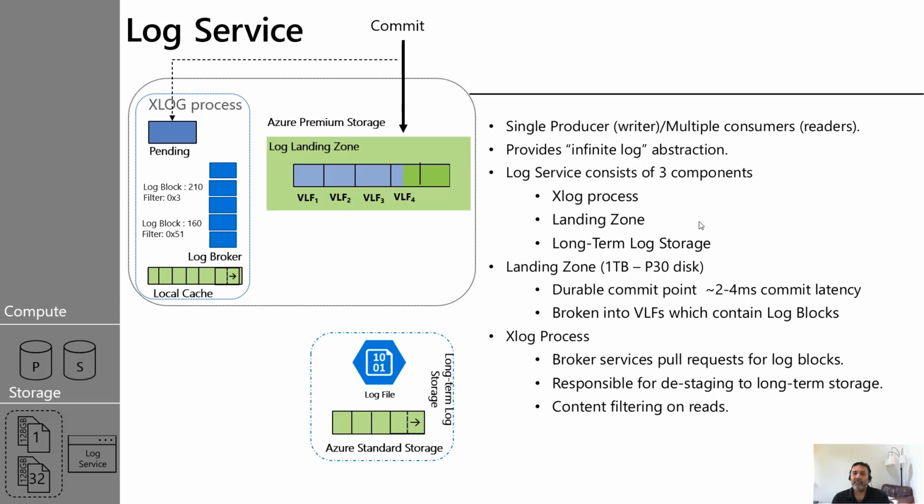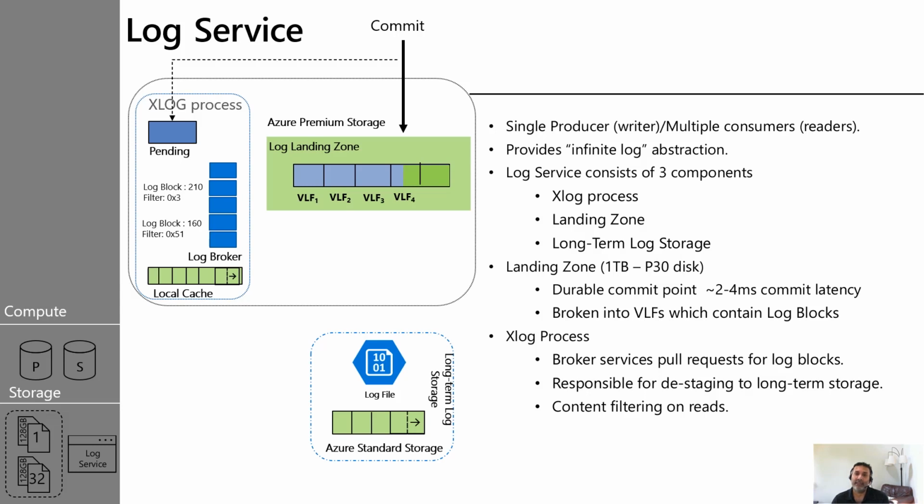Then the xlog process has a log broker, which is an in-memory area. The broker effectively services requests for logs from page servers and replicas and such. So it's a pull model. Each of these components requests a log block from the broker, and then there's a tiered read.